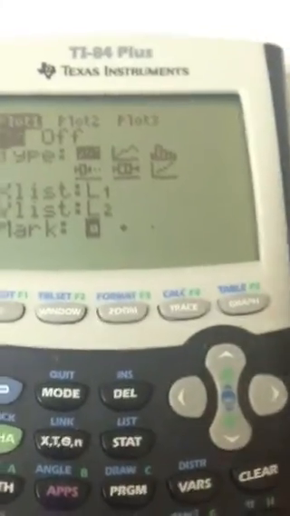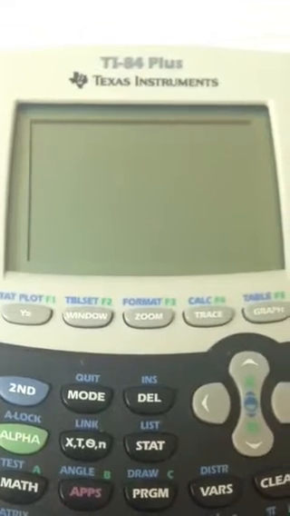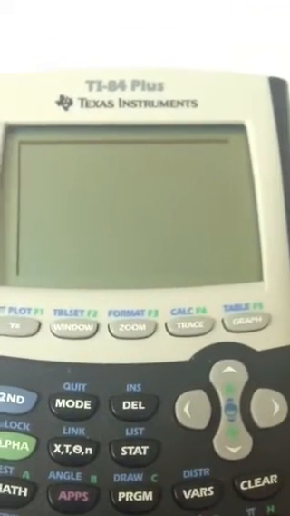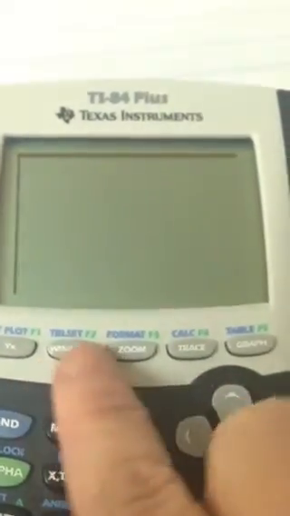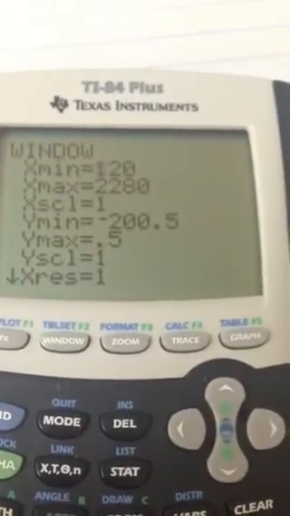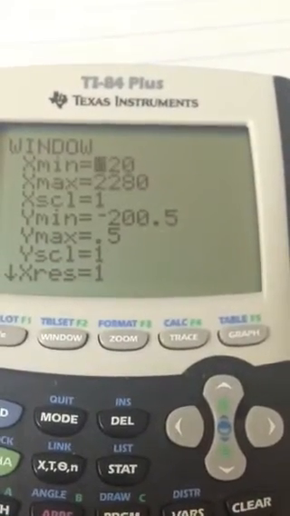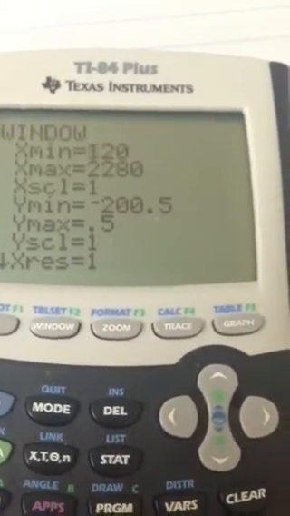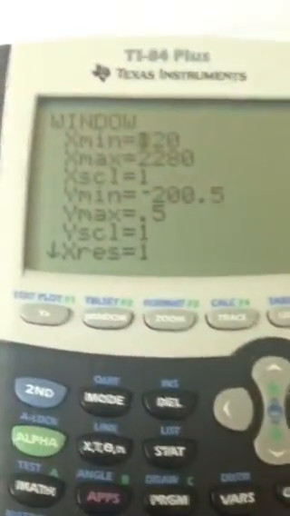Okay, if I hit graph right now, I don't see anything. Here's why. Your calculator is just showing a piece of the graph. If I hit window, I can see where my calculator is going from 120 to 2,280 on the X's. Well, my X's just go from 55 to 84, so they're just not showing up. But your calculator has a unique feature.